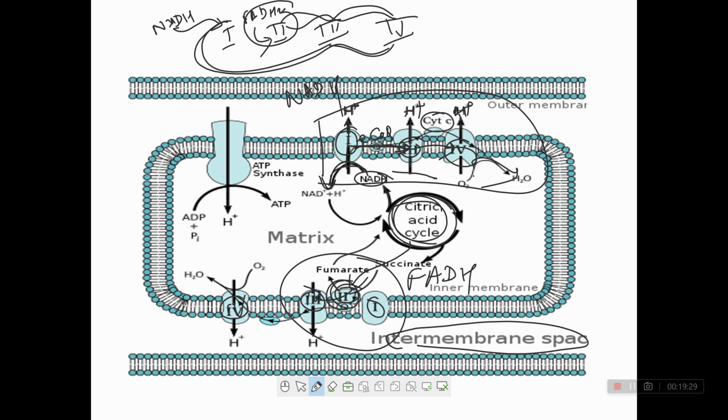The concentration of protons will increase in the intermembrane space of the mitochondria. So the protons will go inside through ATP synthase, which is present in the mitochondria. Protons go via ATP synthase into the matrix, and in the matrix ADP is present.